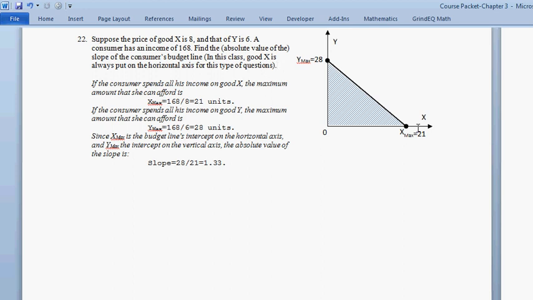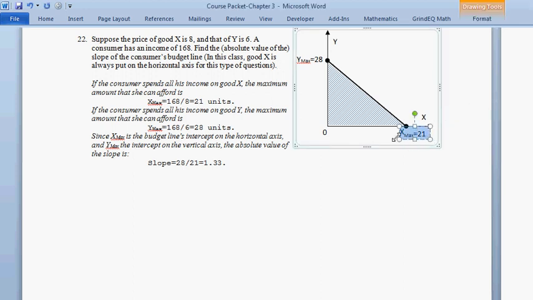There are 100 ways to calculate this in a math class, but here I want you to do it this way. Calculate the maximum amount of good X, and then calculate the maximum amount of good Y, and then we use the simple formula of rise over run to calculate the slope of this line.